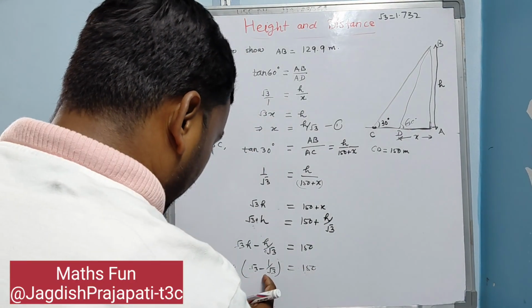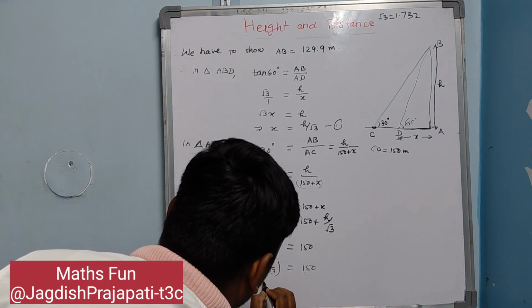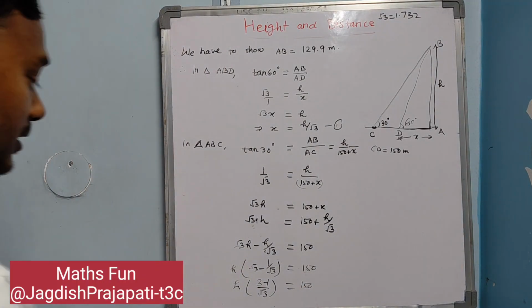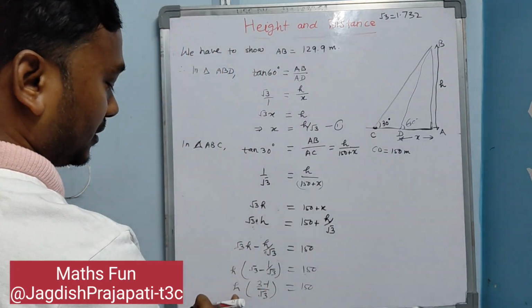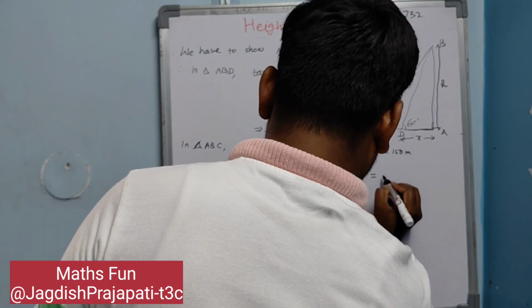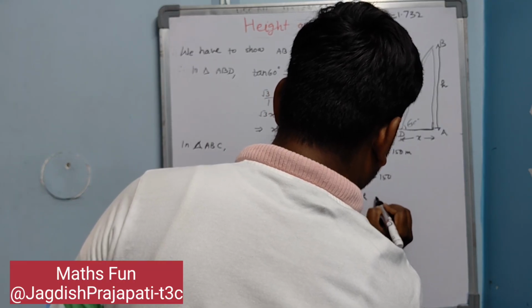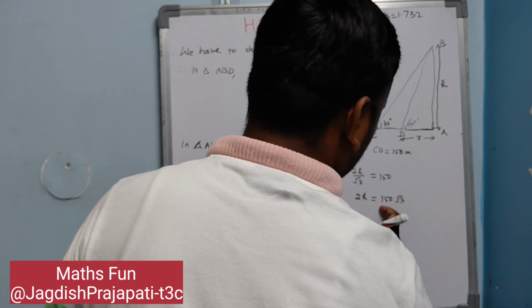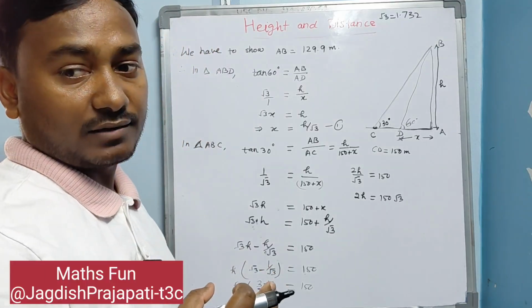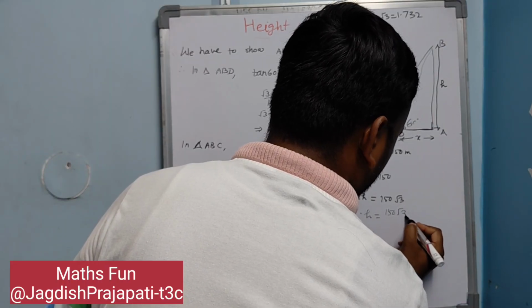The LCM will be root 3, so H times 3 minus 1 upon root 3 is 150. 3 minus 1 is 2, so 2H by root 3 equals 150, or 2H becomes 150 root 3, where only 150 is multiplied by root 3. Therefore, H will be 150 root 3 by 2.